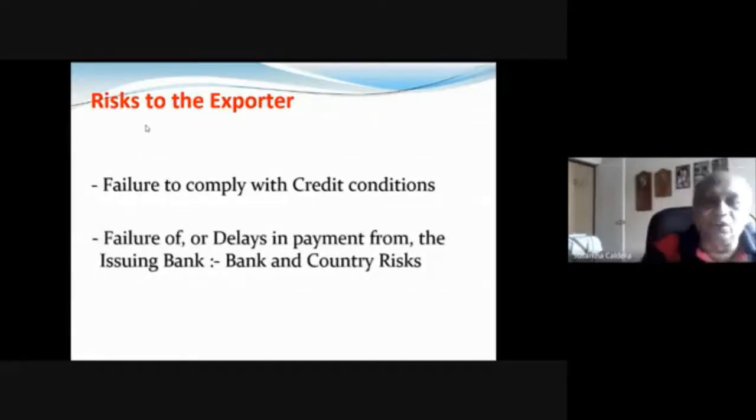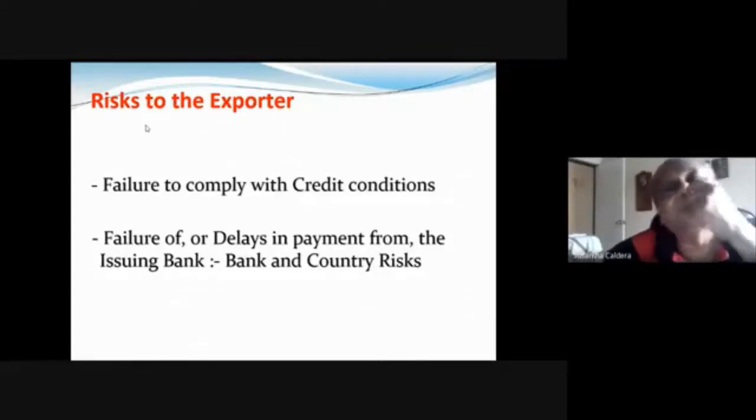Failure of or delays in payment from the issuing bank due to bank and country issues. A few years back, I think this happened in the early 90s.